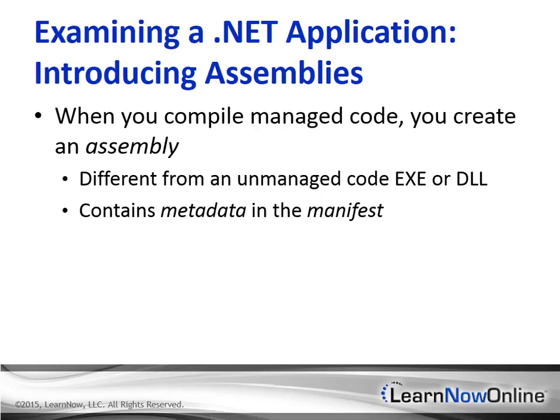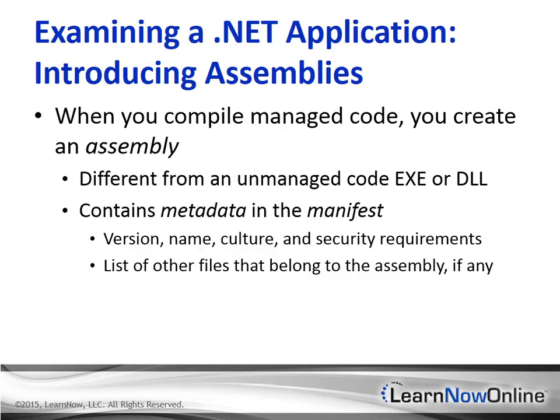Specifically, you'll find a few pieces of information in the assembly's manifest. It'll include the version, name, culture, and security requirements for the assembly. It'll have a list of other files, if any, that belong to the assembly, along with a cryptographic hash of each file.